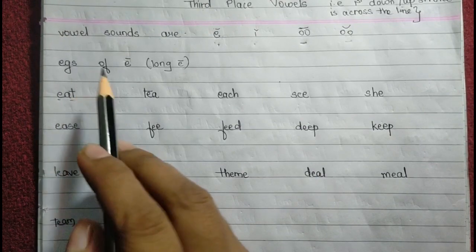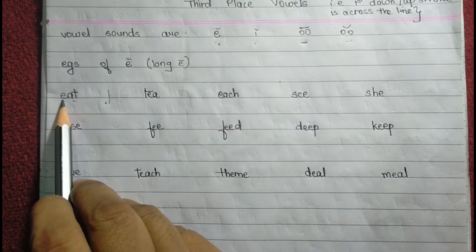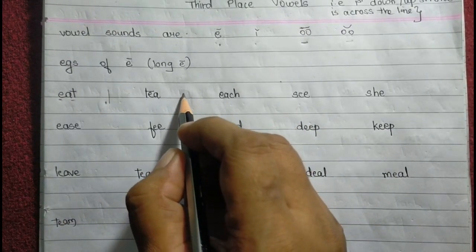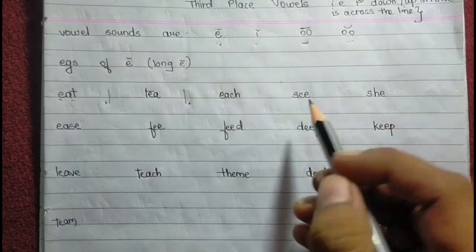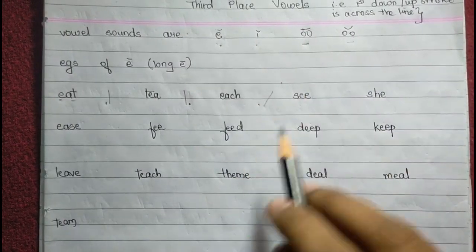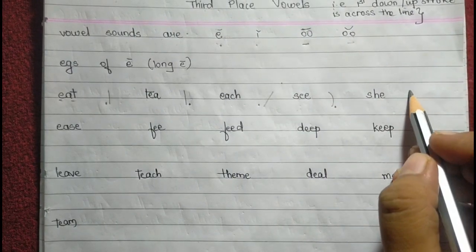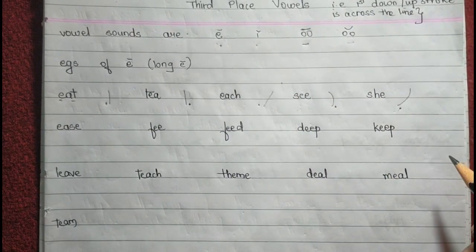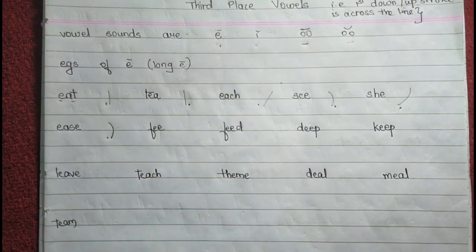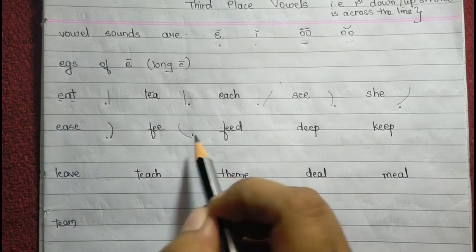Here it is a downstroke, so it is T. T is written across the line because the first vowel is a third place vowel, that is E. So it is eat. Similarly each: Ch, E. She: Sh, E. Ease: Z. Fee: F, E. Because it is a third place vowel, it goes across the line.